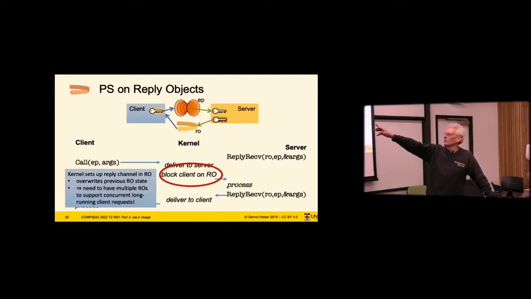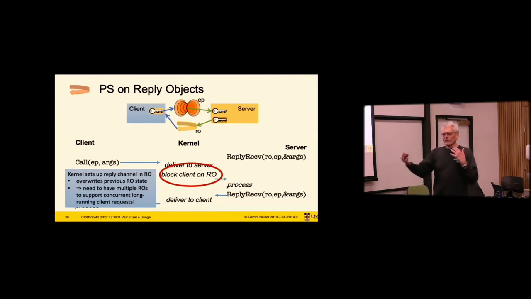Because your client blocks on the reply object, if you have multiple concurrent client requests, each needs its own reply object, because as soon as the server receives from the endpoint, providing that reply object, any previous state in that reply object will be overridden.